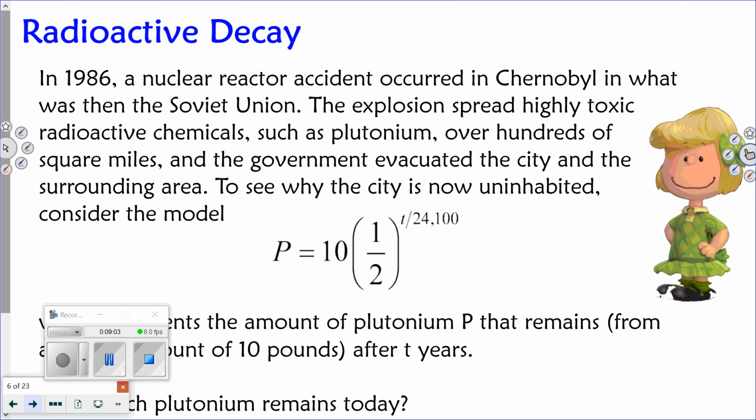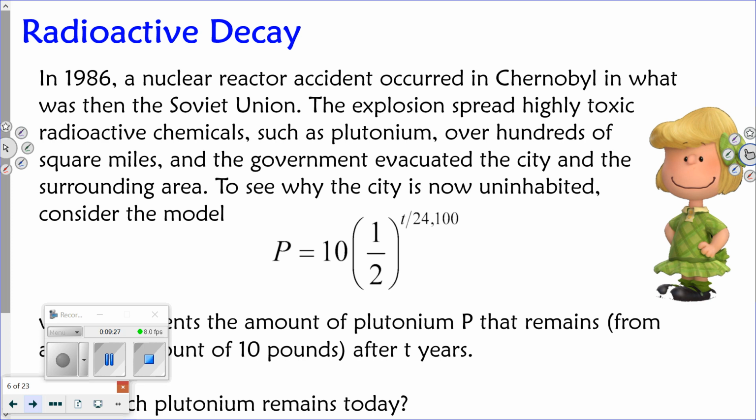Easy enough. Now a real-life scenario of exponential: radioactive decay. You may have talked about this in a science class. In 1986, a nuclear reactor accident occurred in Chernobyl in what was then the Soviet Union. The explosion spread highly toxic radioactive chemicals such as plutonium over hundreds of square miles, and the government evacuated the city and the surrounding area.